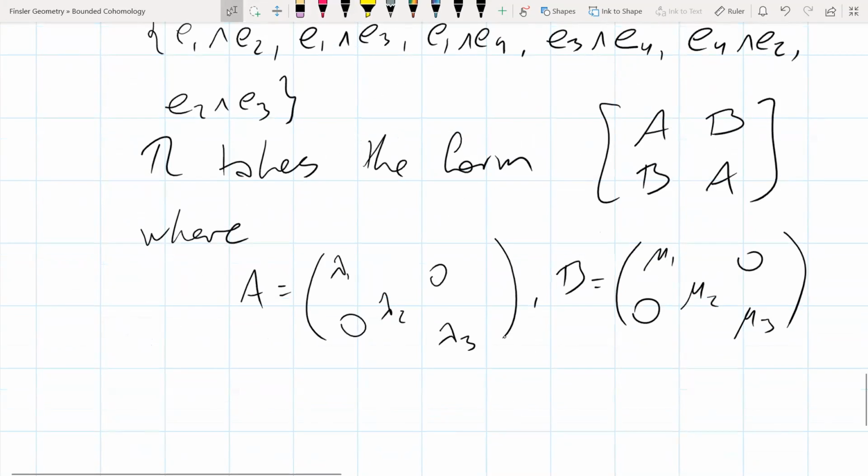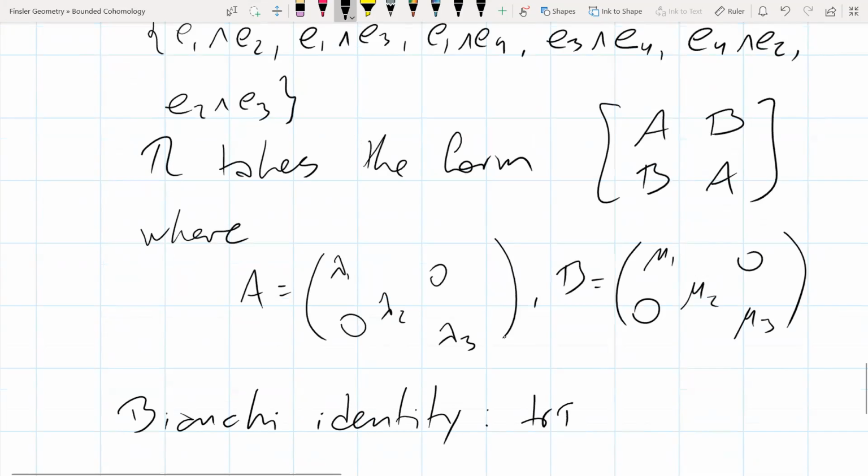Now I have a few symmetries of our curvature tensor. For example, the Bianchi identity, which is going to tell us that the trace of B must be 0.